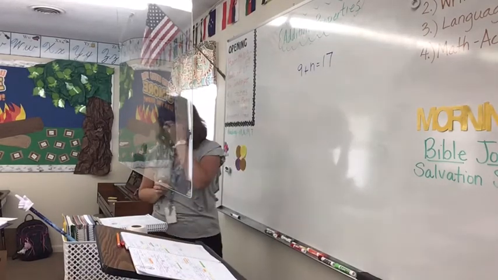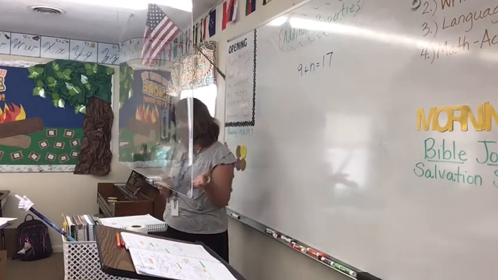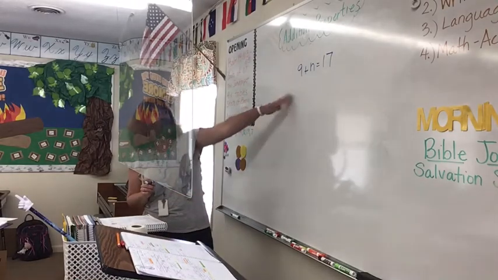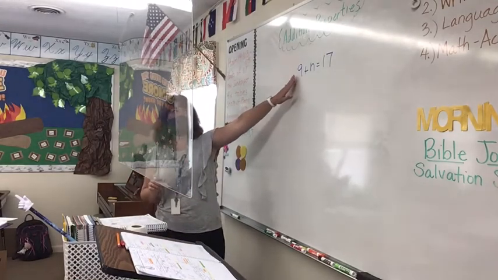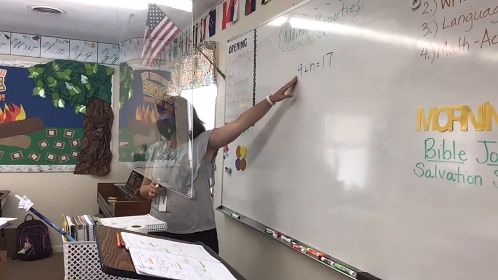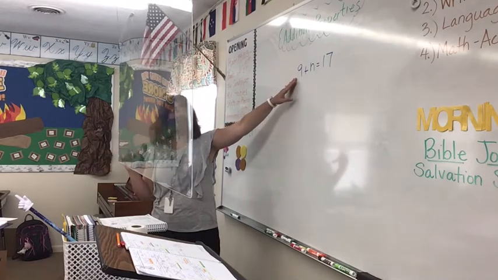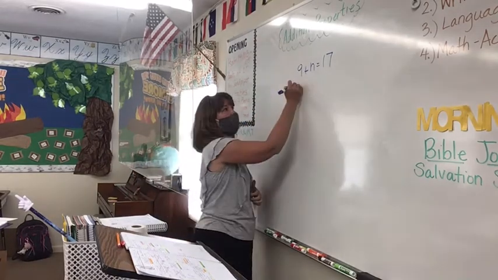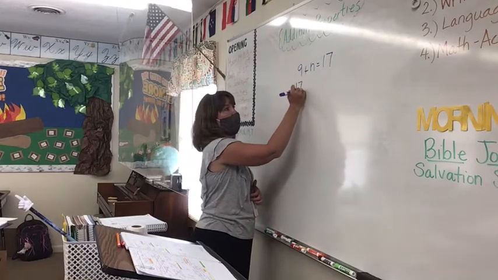Okay, so like what we just did with our fact family, we need to write this as a subtraction family. Jacob, what would it be? 17 minus 8 equals 9.